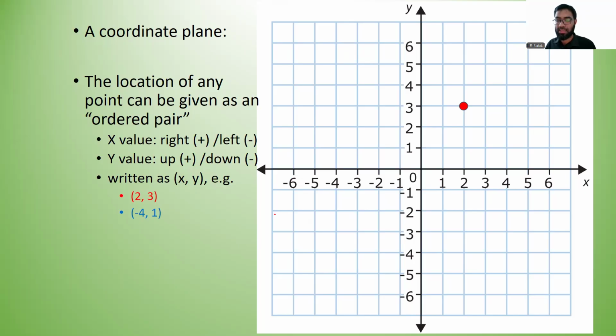Okay, here you go. We moved 4 steps, 1, 2, 3, 4 to the left and 1 unit above. So we get minus 4 and 1.